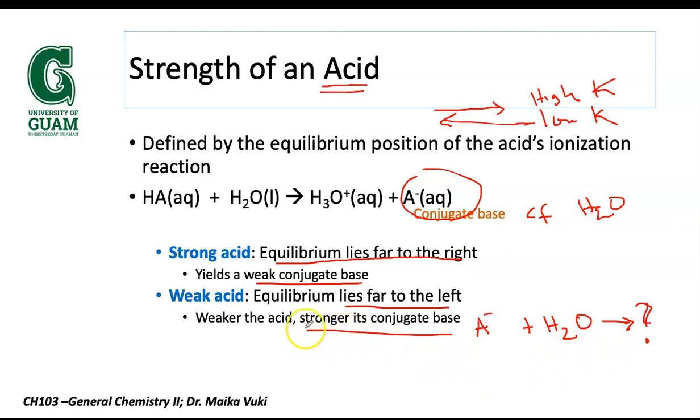So what we're seeing here, the strength of the acid is determined by the equilibrium. So if you have a large K value, that means it's a strong acid, and if it's a weak acid, it's a low K. So one other way we can say is that if you have a strong acid, it will dissociate completely.